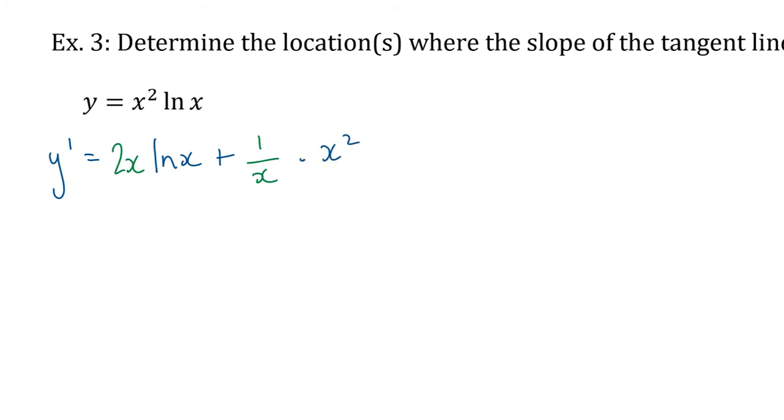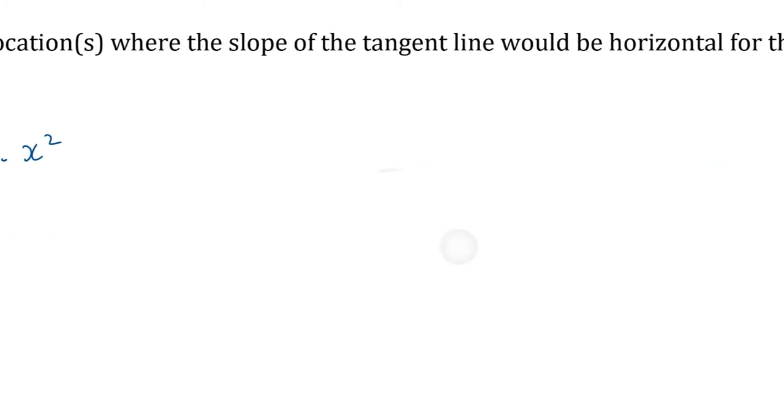Y prime equals 2x times ln x, and x squared divided by x just gives me x. Okay. Tangent line horizontal means what? Means slope is 0.